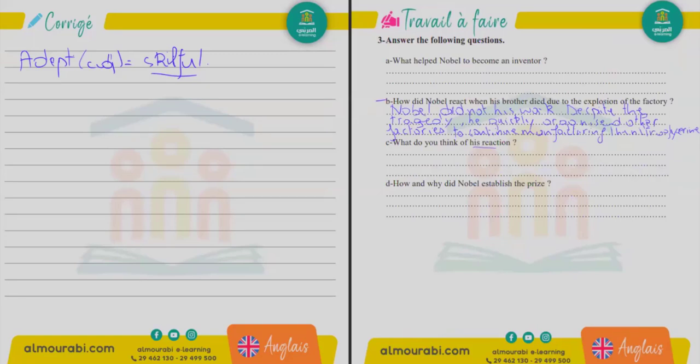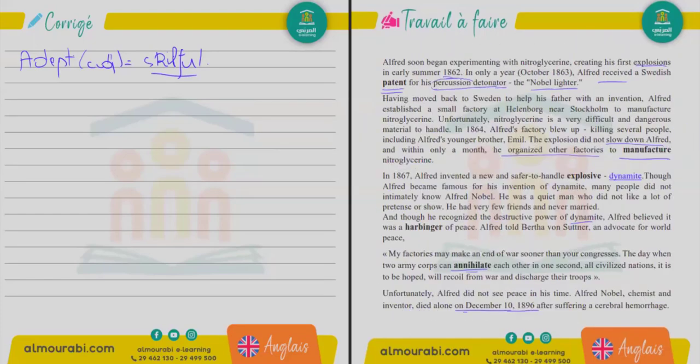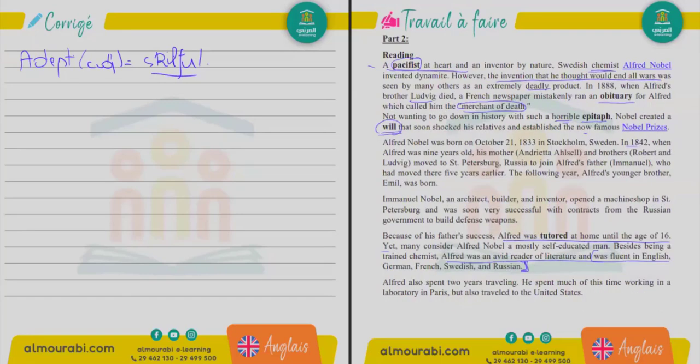What helped Nobel become an inventor? We come back to the text here. It's evident this is about his family, his background. Very good, precisely. His father.